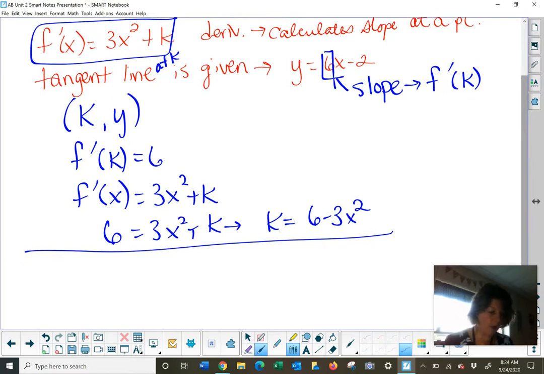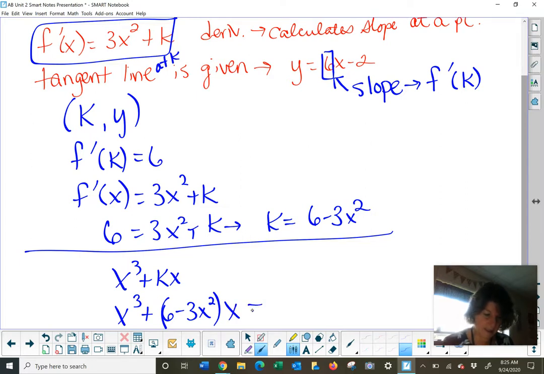It was all going so well. Let me find the equation. F of x, x cubed plus kx, can also be written as x cubed plus 6 minus 3x squared times x. And that has to equal 6x minus 2.